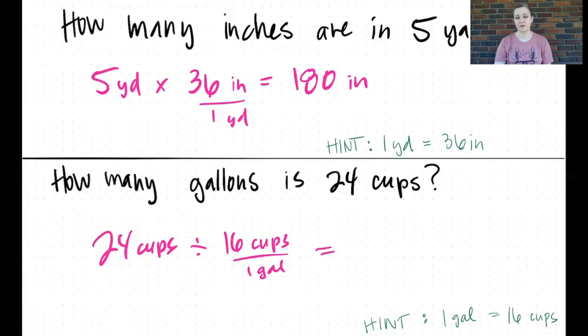And when I divide those, I end up getting 1.5 gallons. So if I were to split up my 24 cups into gallons, like you go and buy a gallon of milk from the store, I would get 1.5 gallons of whatever it is that you're splitting up, milk, juice, I have no idea. So that's unit conversions. We're basically using unit rates in order to convert.